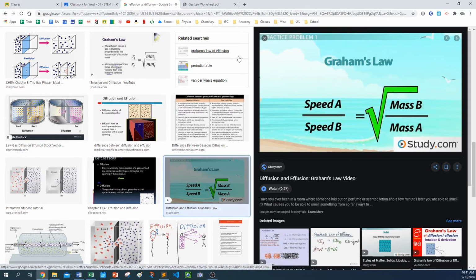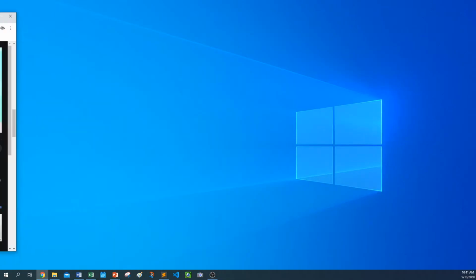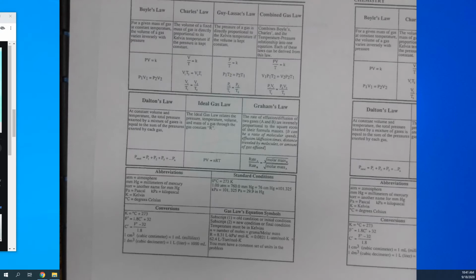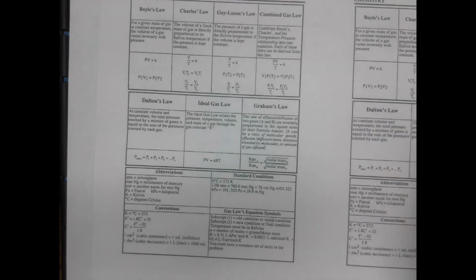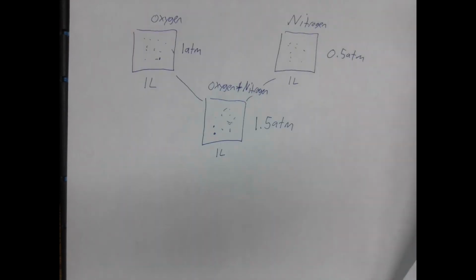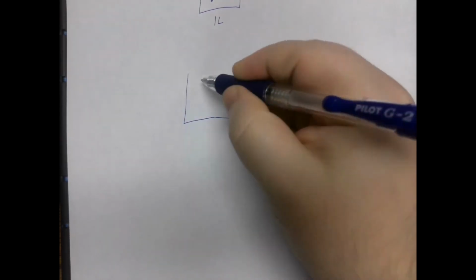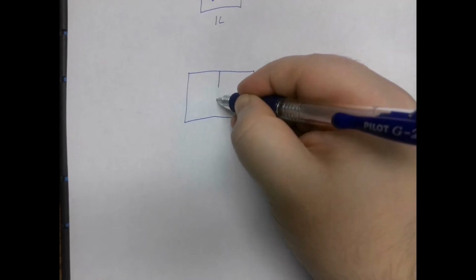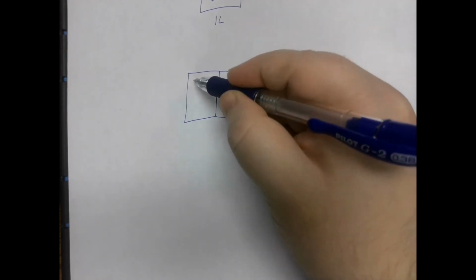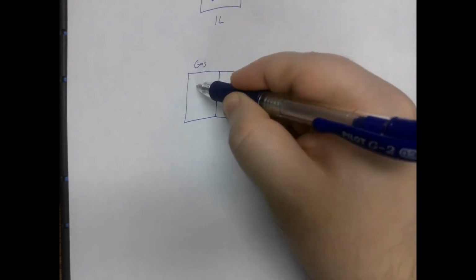And what this basically states is, I'm pretty sure, if you have a small little tiny hole, you have some gas A in here.